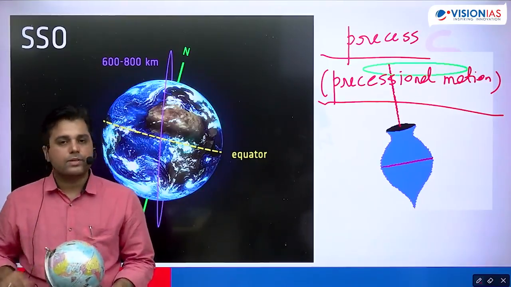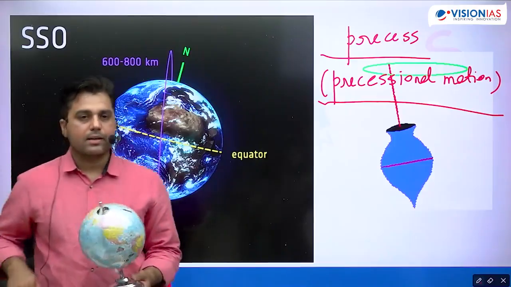This is what precessional motion is all about. This is what sun synchronous orbit is all about.